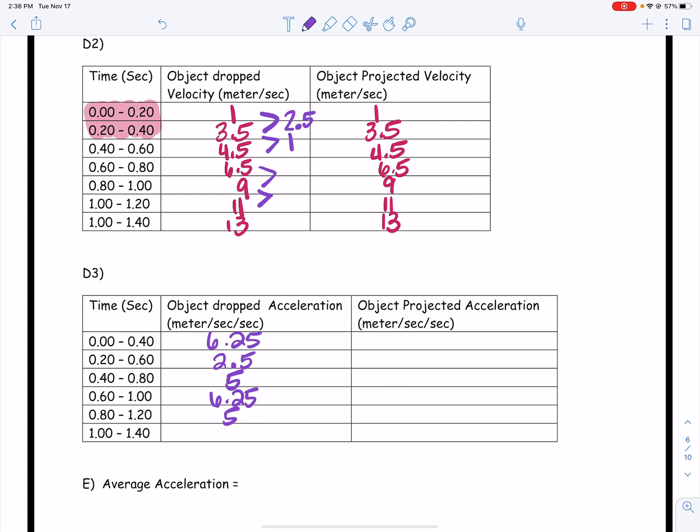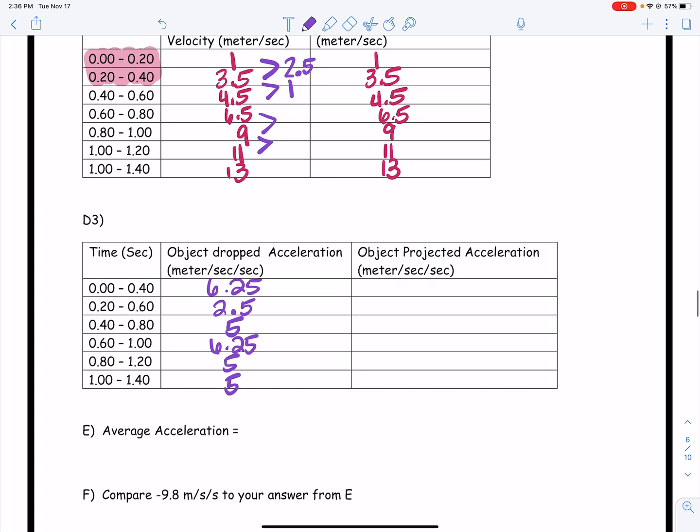So these are a little more constant. And 2 would be another 5. So 6.25, 2.5, 5, 6.25, 5, 5. So the next question, if you turn the page, says average acceleration. So I'm going to add these up, 6.25 plus 2.5 plus 5 plus 6.25 plus 5 plus 5.